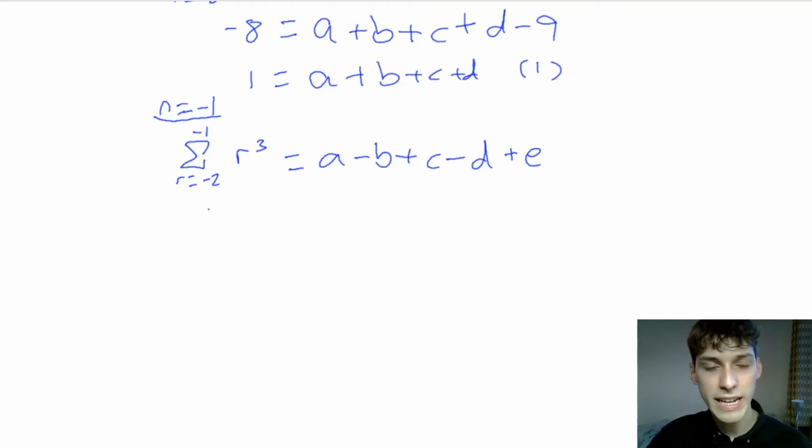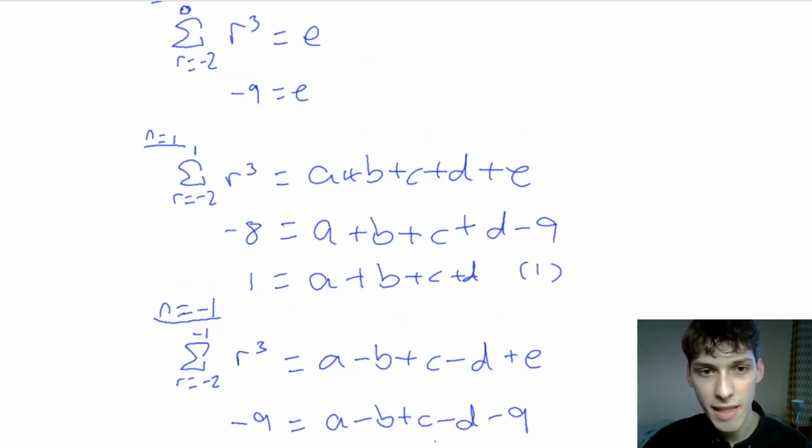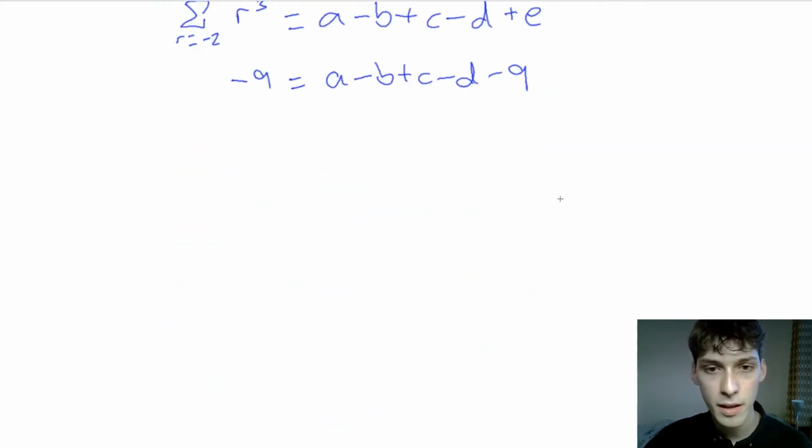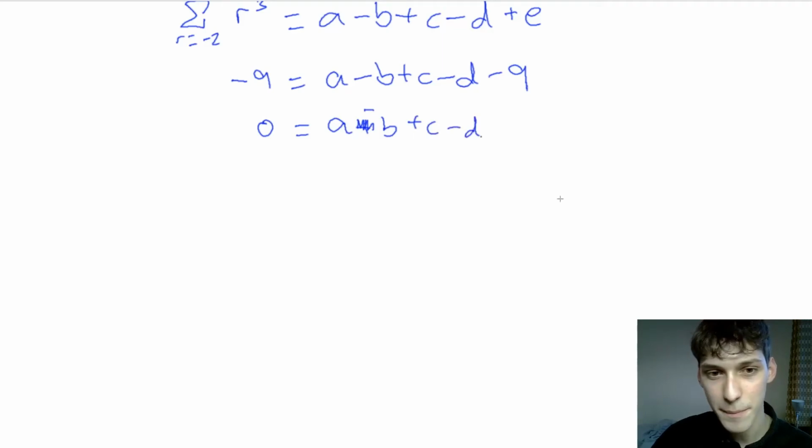And then on the left-hand side we have a minus 8 plus minus 9, so plus minus 1, so that's minus 9 again. And we have a minus b plus c minus d minus 9. And again, if we add 9 to both sides, that minus 9 was just from our value of e, we get 0 is equal to a minus b plus c minus d.